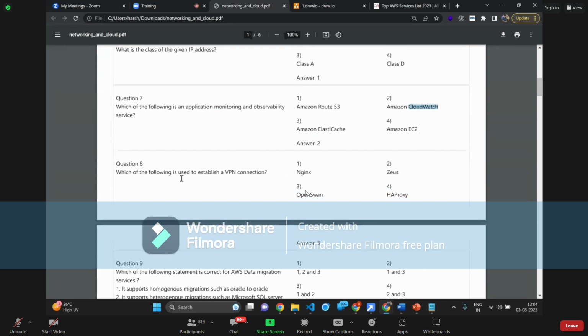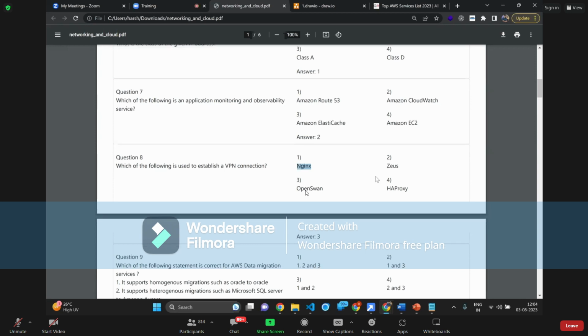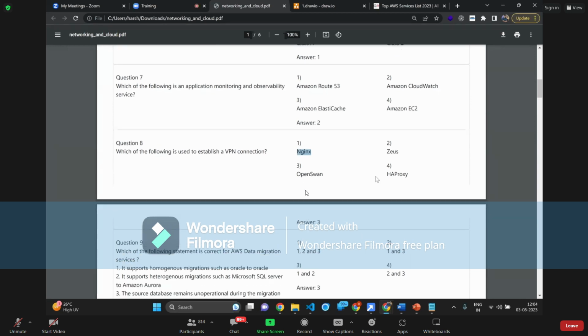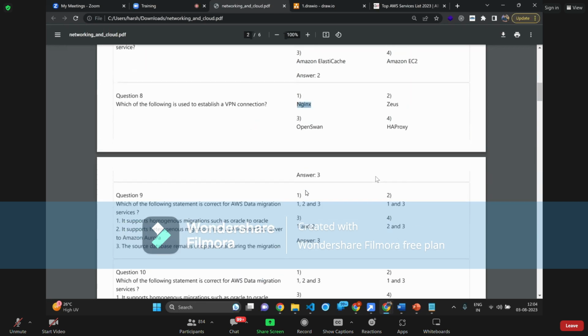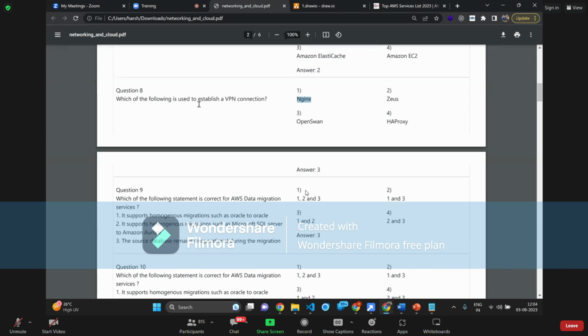Now, which of the following is used to establish a VPN connection? Nginx, Zeus, and HA proxy are... Once again. The question is supposed to be wrong, I believe.